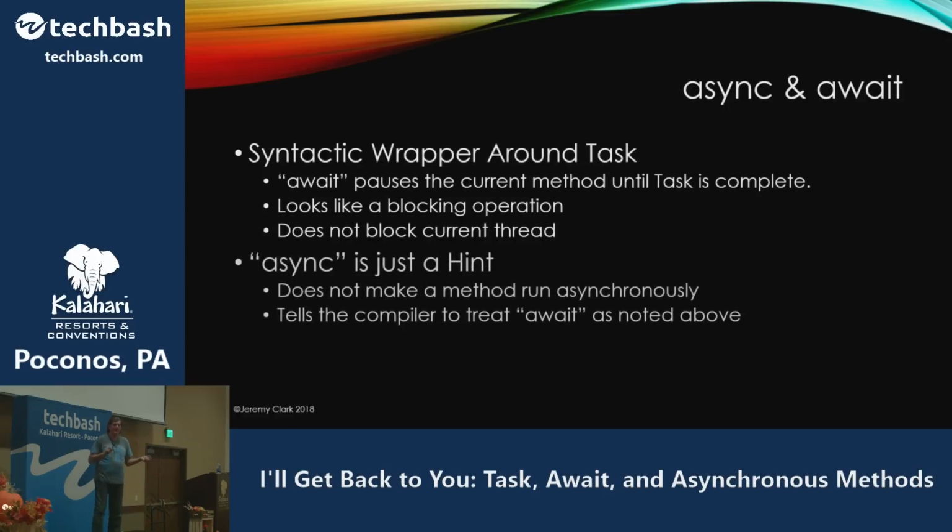When we talk about the async modifier, this is not a magical thing that turns our methods asynchronous. What this is, it's a hint to the compiler. The problem is around the await word, because await was not a reserved word in C#. So there's a potential that people have used that as an identifier in their code somewhere along the way.